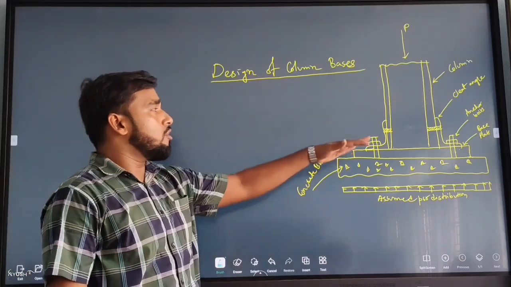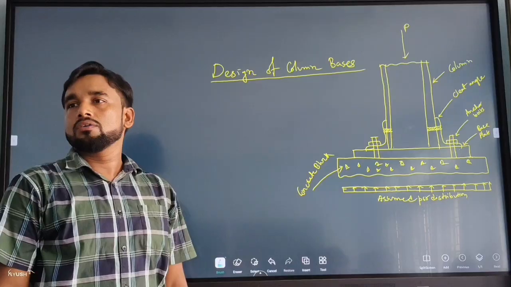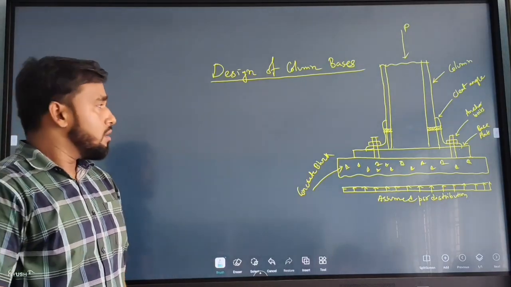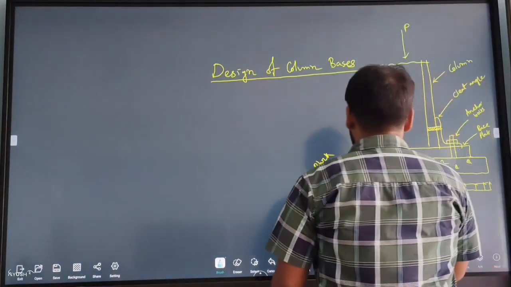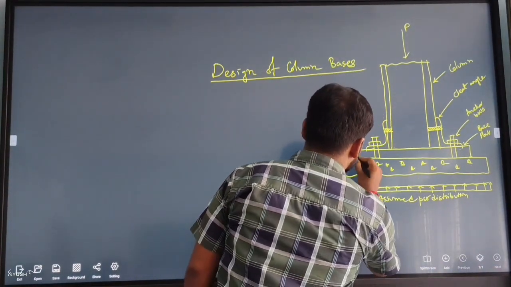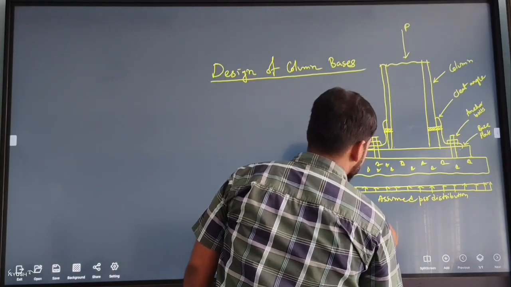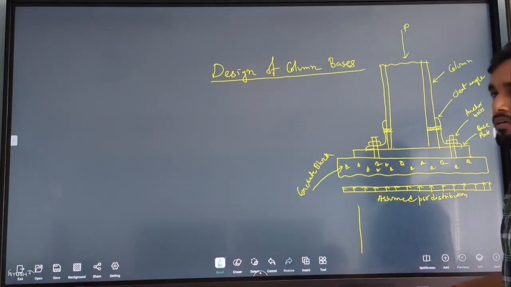Now, if I draw the top view of the column, how will it look? Okay, let's draw the top view of the column. Let's erase this portion.